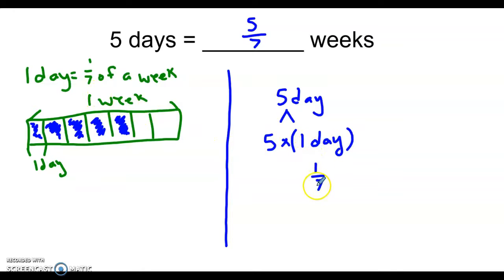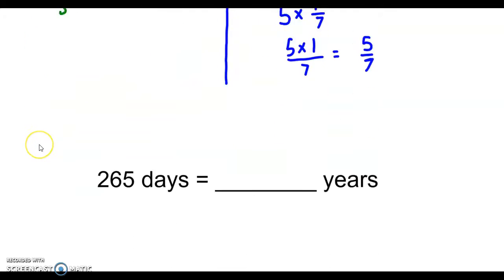One day is 1 out of the 7 pieces. We really want 5 of them. Now we have an expression. We know that we can multiply the whole number times the numerator, dividing line 7, and when we multiply it out, we have 5/7. I'm okay with either one of those, and we're going to try to do a couple of those with both. Let's look at our next one as we scroll down here.